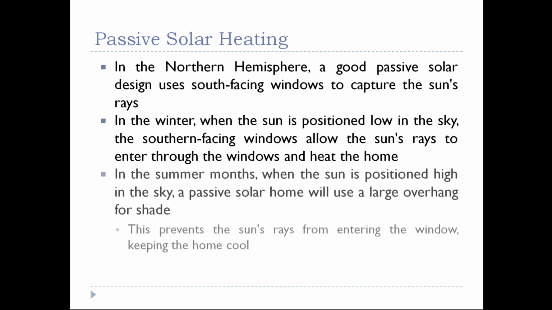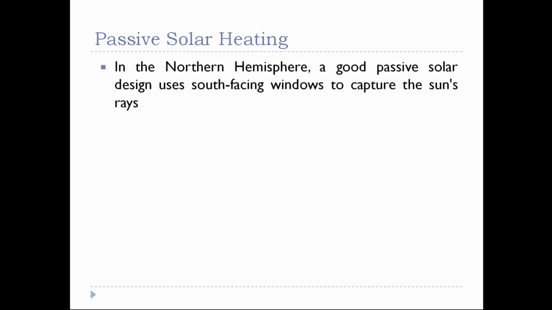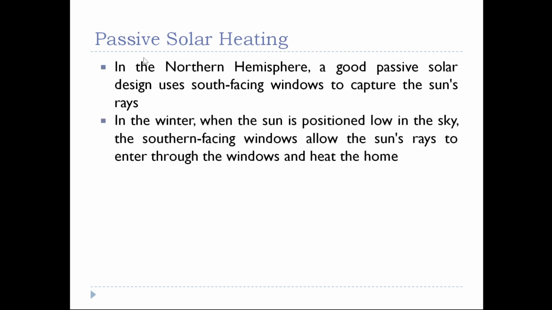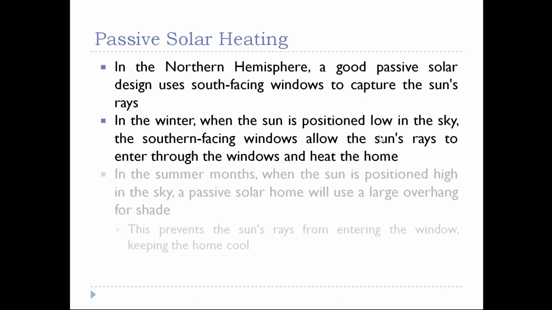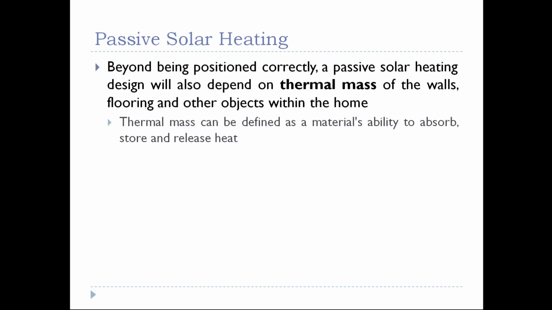In the winter, when the sun is positioned low in the sky, the south-facing windows allow the sun's rays to enter through the window, as we have seen in the previous slide. So, in the summer months, the eave will stop the solar rays from entering into the room. That will keep the home cool.